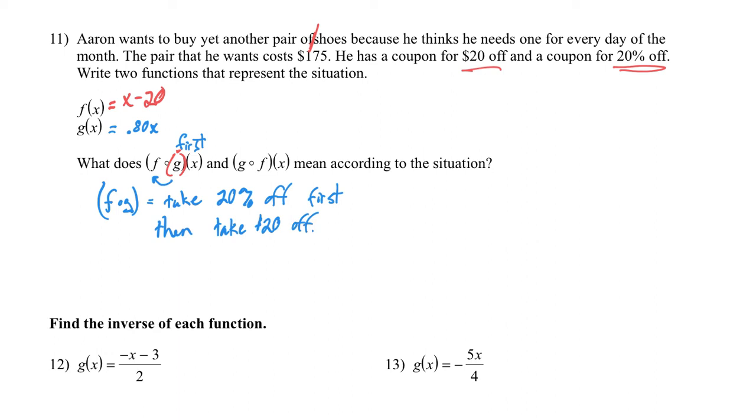If you have the choice, make sure that the store does that for you, because 20% of a bigger number is going to save you more money. Then the other way would be the other way. It's all about order.